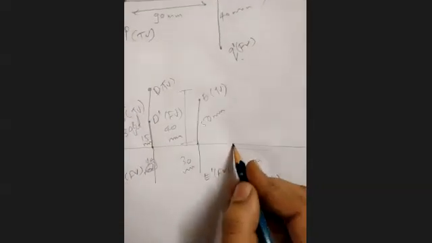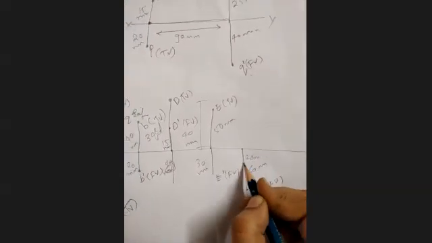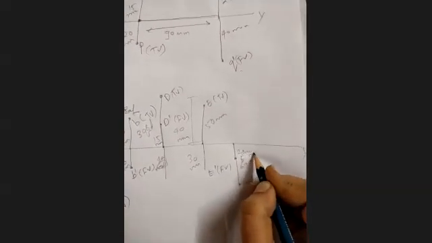After that, 24 mm in front of VP means extend the reference line and measure from the reference line downward 24 mm. This is F, top view.